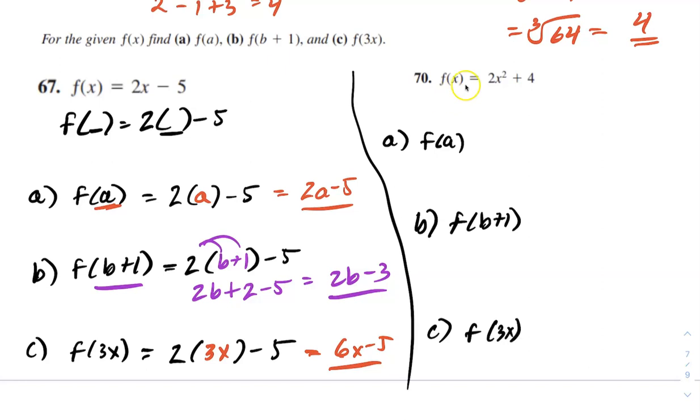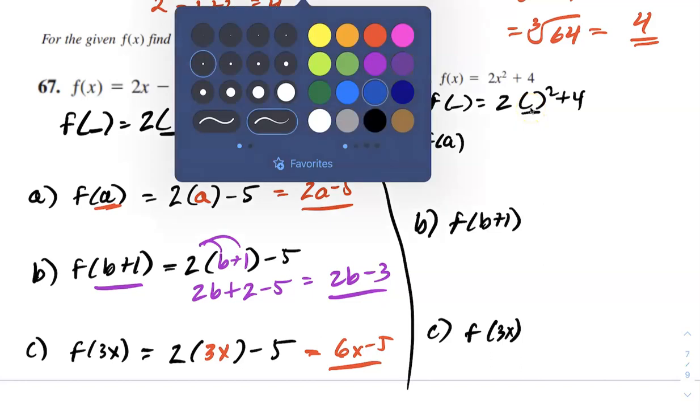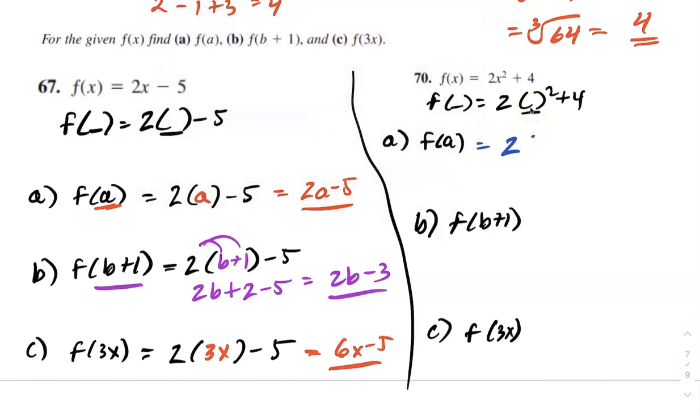So again, for me, the key is all about right here. What is f of blank? It's 2 times blank squared plus 4. Whatever goes into my x here goes into my x here. So for the first one, it's easy. F of a is 2 times a squared plus 4. Nothing really you can do with that. The answer is just 2a squared plus 4.